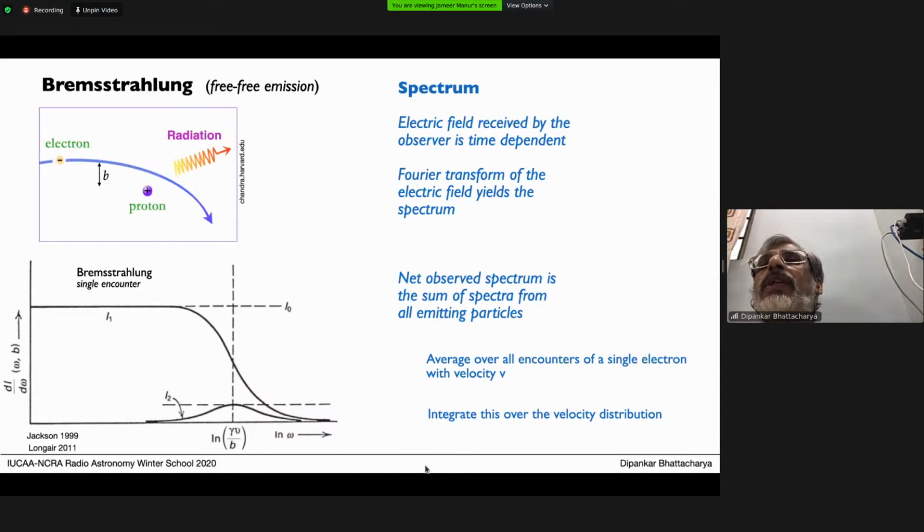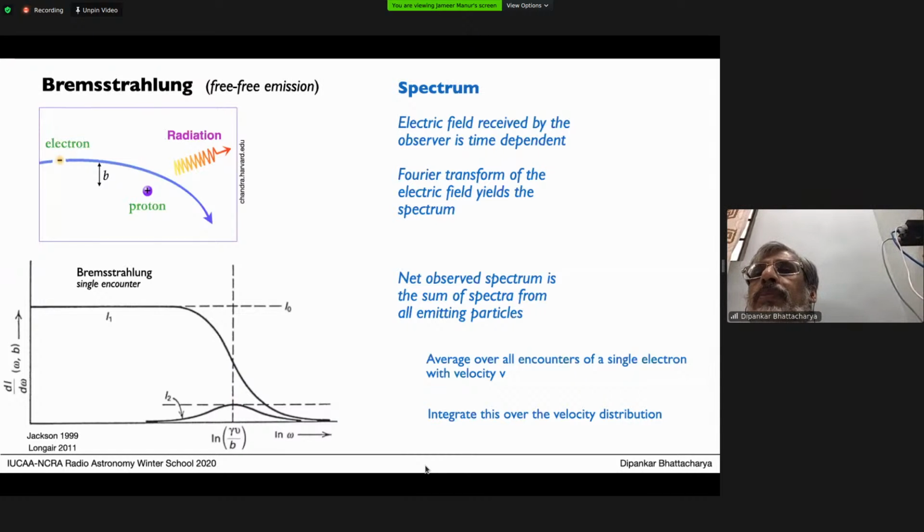Clearly, the electric field that you receive is most intense when the electron is closest to the proton, and it drops off as it passes by and goes to further distances. It is also small before it approaches the proton within, let us say, a distance b or so. So it's a radiation, an electric field, that is confined in time, and the Fourier transform also reflects that.